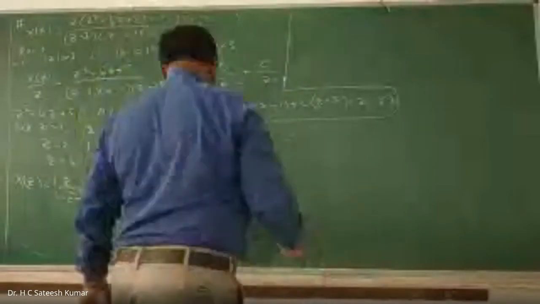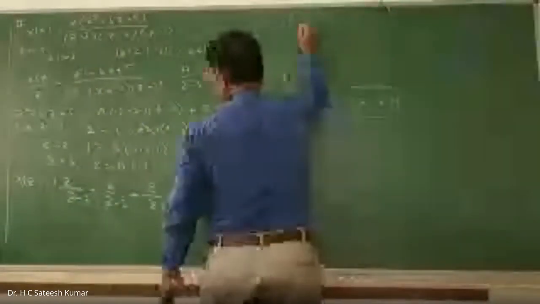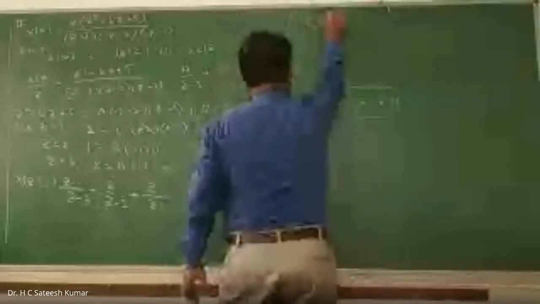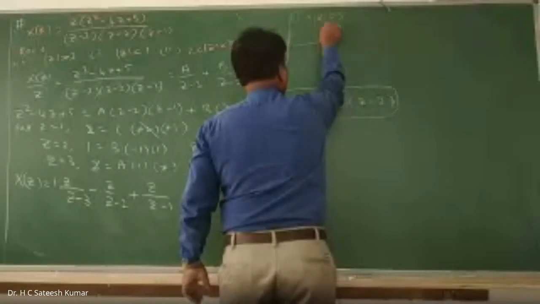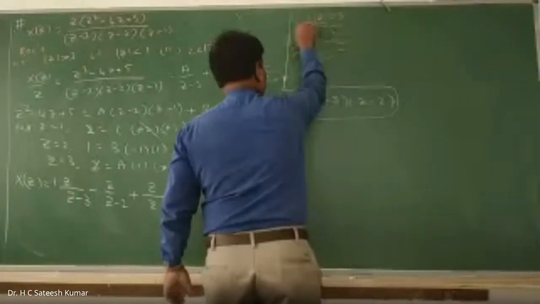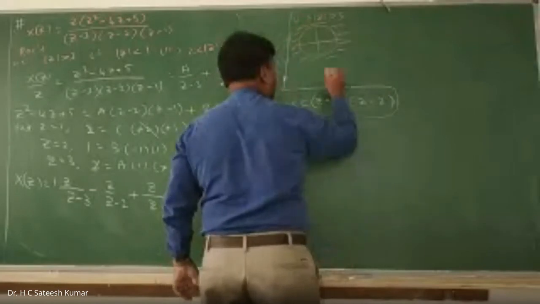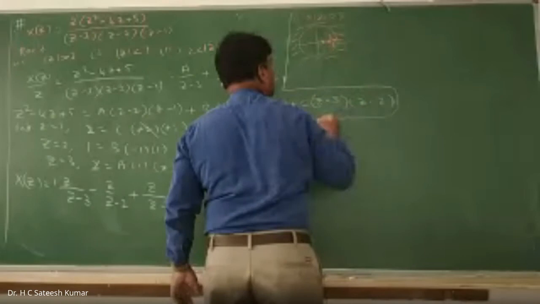Okay, first ROC, I'll take it. The first one is, what is that we have? Mod z greater than 3. Mod z greater than 3 means what? Outside. Where are the poles? Poles are at 1, 2, 3. Okay, right.